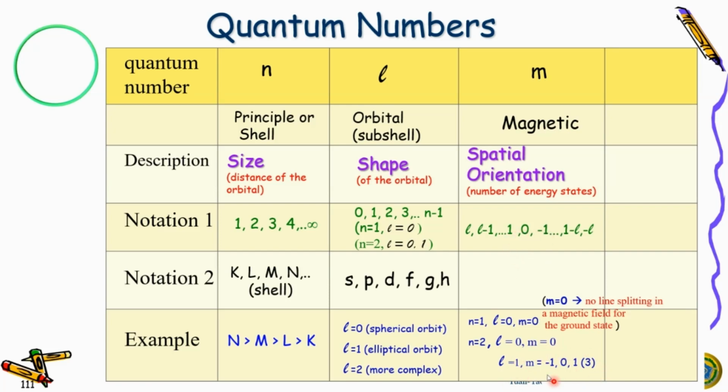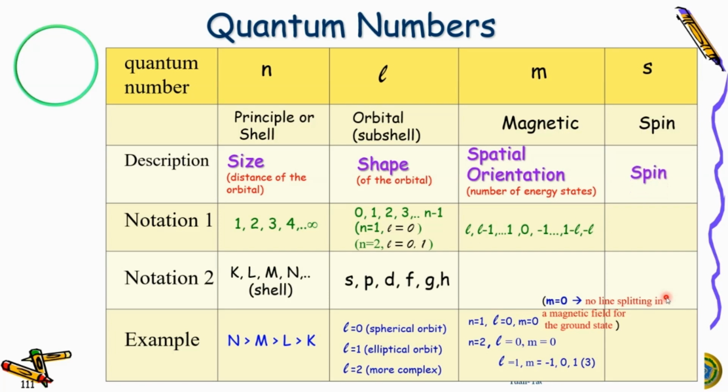So there are three energy states. How about L equal to 2? That will be 2, 1, 0, minus 1, minus 2. There are 5 energy states. Okay? This is what you have learned in the first year physics courses, I think.